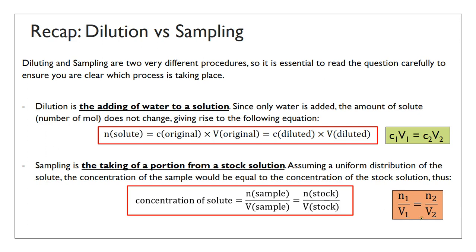When you see a chromatography question, it's very likely that you're going to see both sampling and dilution, because what tends to happen is people will take a sample and then dilute that sample, and then that sample is analyzed, and then you have to be able to work backwards to determine the concentration of the original substance, or sometimes they will ask for the amount of the original substance.